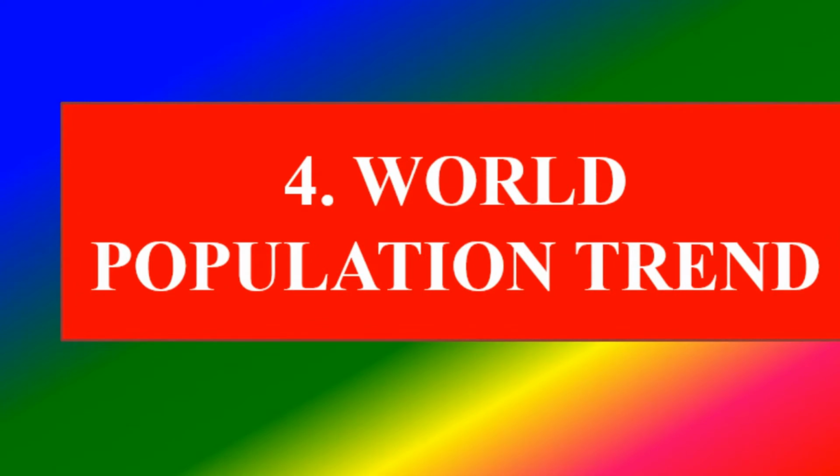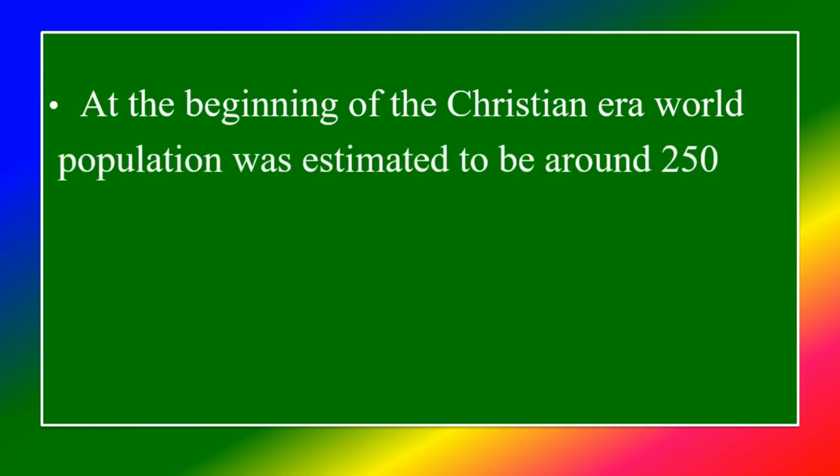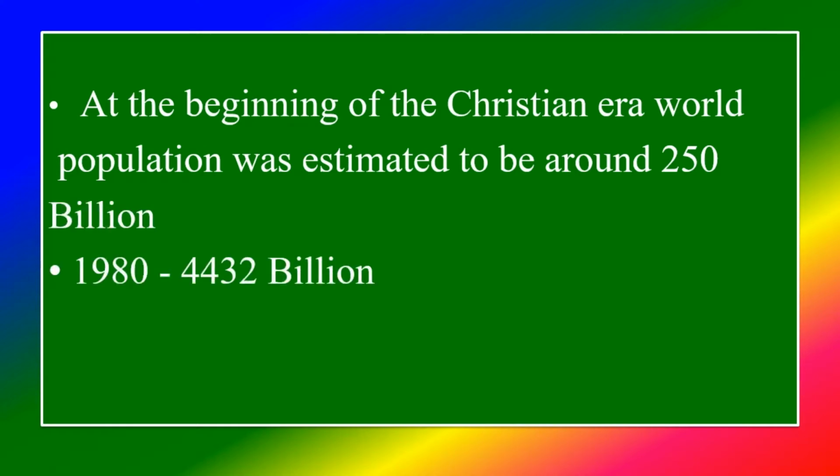Next section, world population trend. At the beginning of the Christian era, world population was estimated to be around 250 billion. In 1980, 4,432 billion.